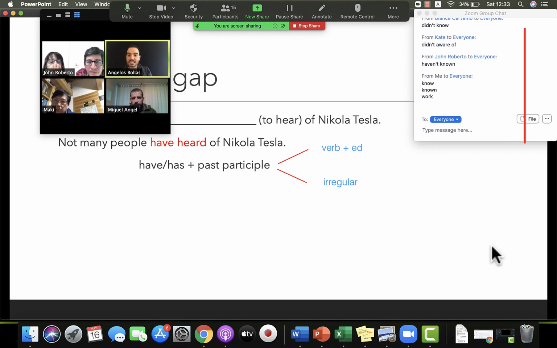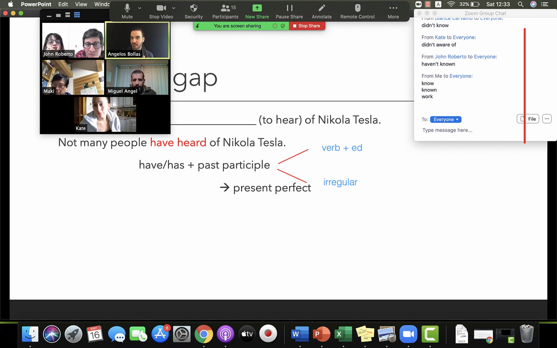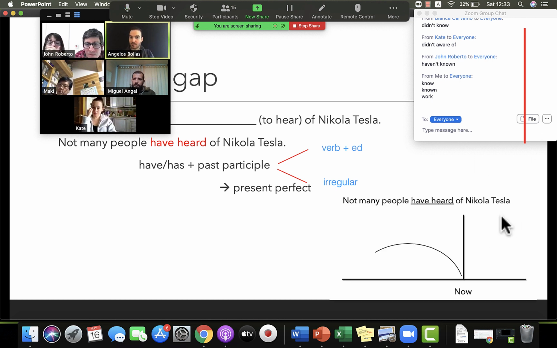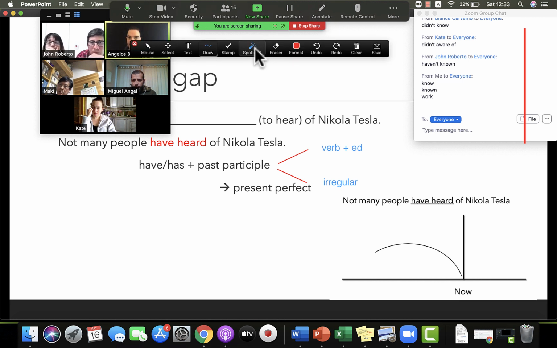Now we said that this tense is the present perfect. When do I use the present perfect? The situation starts in the past and continues in the present. So there is a link between the past and the present. If I want to visualize this, you can see here the timeline.